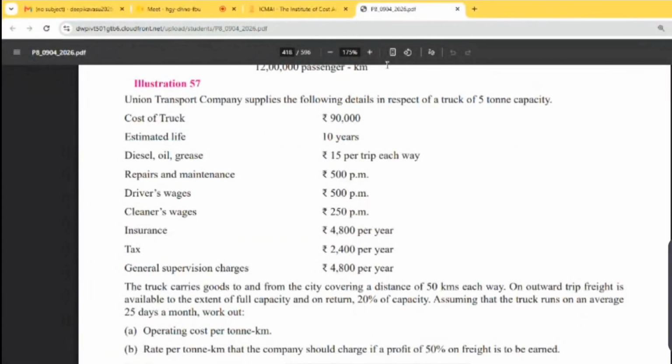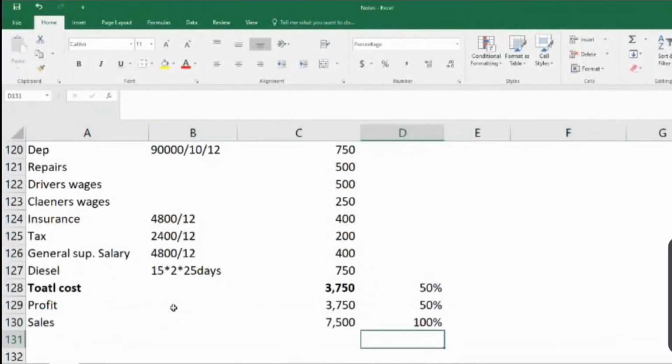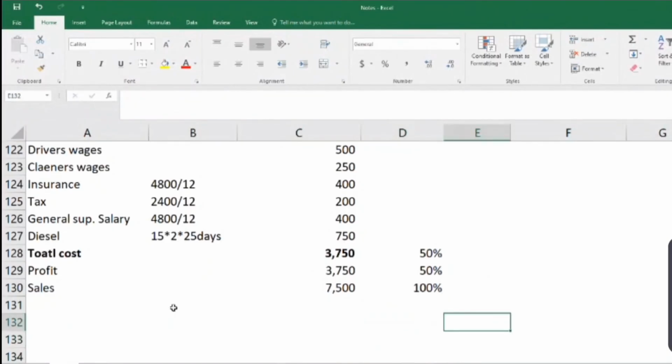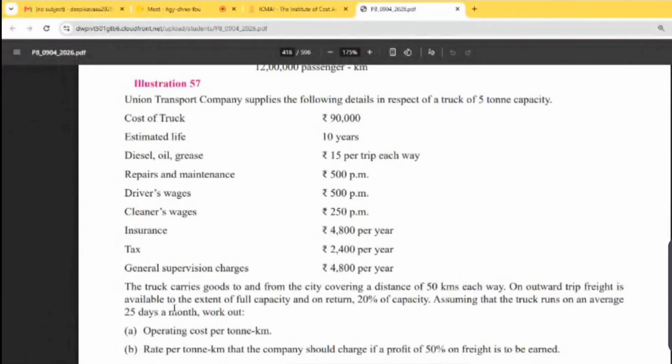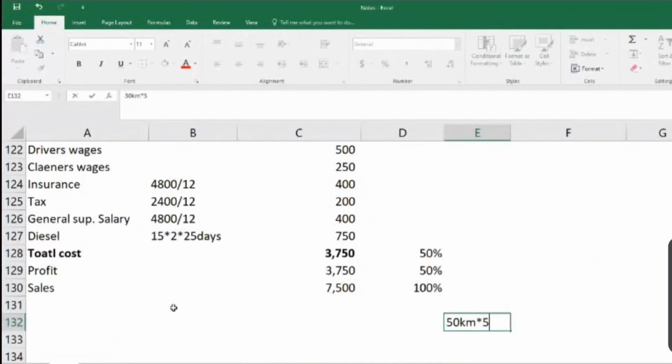Okay, so if you could see this line, the truck carries goods to and from the city of 50 kilometers each way. On the outward trip the freight is available to the extent of full capacity. On the return it is returning back with only 20 percentage of the capacity. So for 50 kilometers you are going, into 5 ton capacity, at 100%.